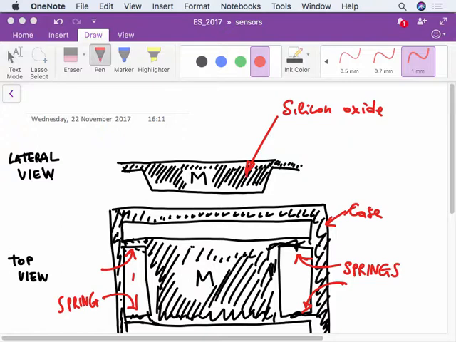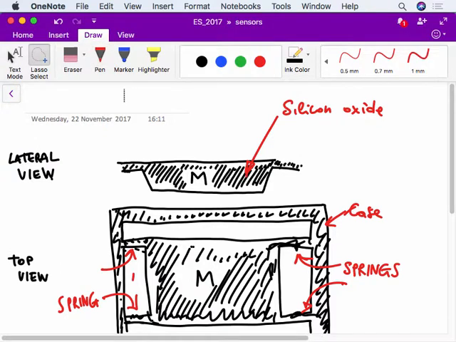We have one mass which is anchored to this, which was the case in the 1D accelerometer, but if the accelerometer is in 2D, the case can move in the other direction with respect to an external additional case, which again can move in the other direction. And so we measure 3 things. The capacitances are these ones. Let me just show you this point, and then I will show you a photograph, which I think is more interesting.